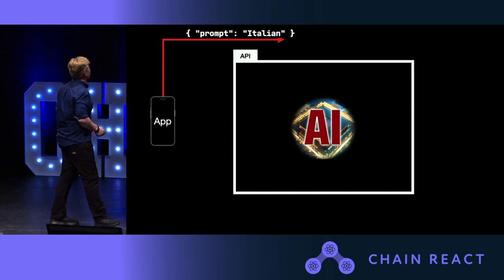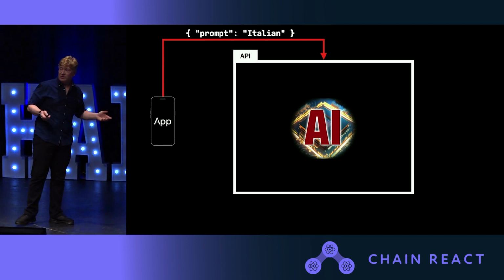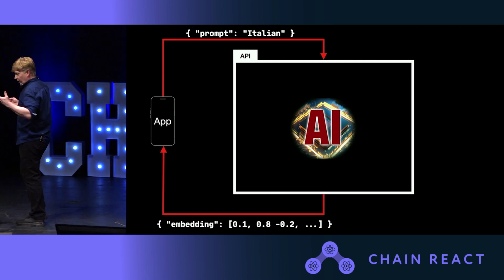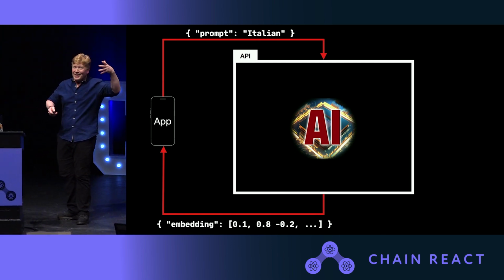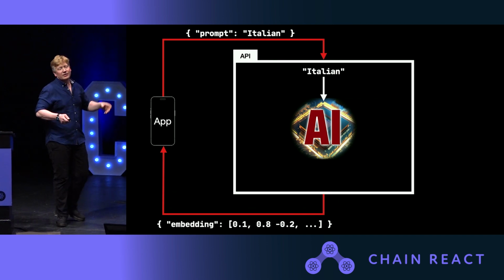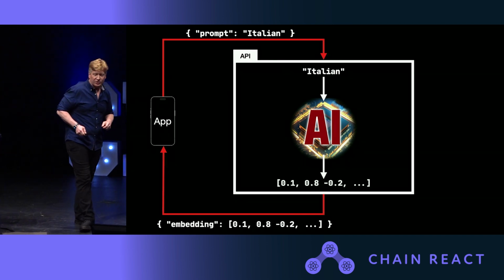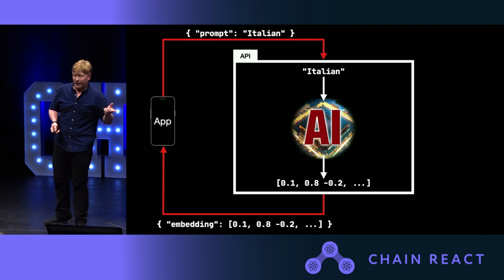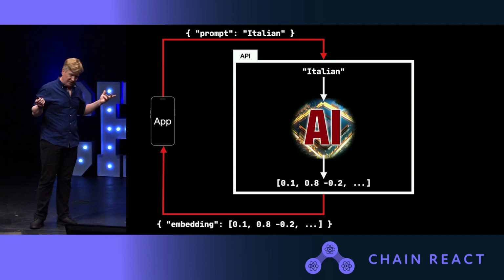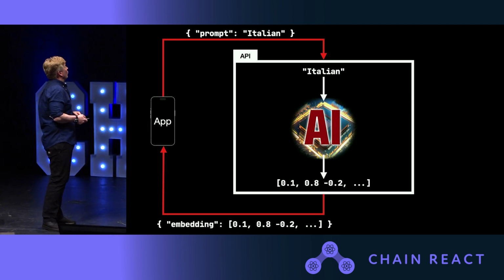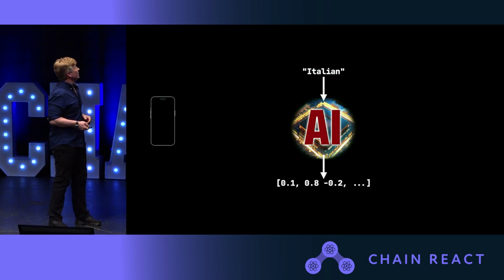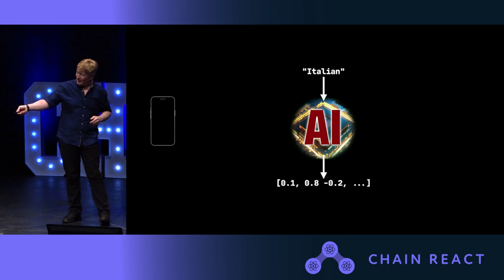And you give that API, say, some JSON, in this case, a prompt, Italian, and you get back some JSON, the numbers, and you imagine that inside of there somewhere, it's cracking open that JSON, getting out Italian, and then it's getting back some vector, and then it's packing that back up as JSON, sending it back out, right? Makes sense. So we're actually gonna end up doing the work of that API. We're gonna take that model, we're gonna inject it in our app.